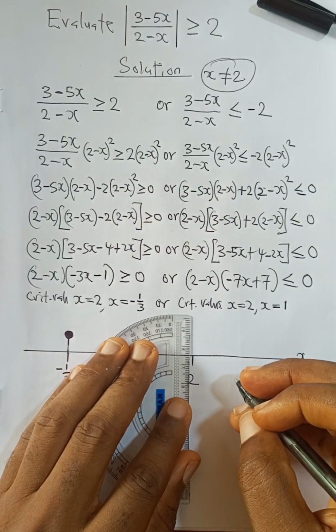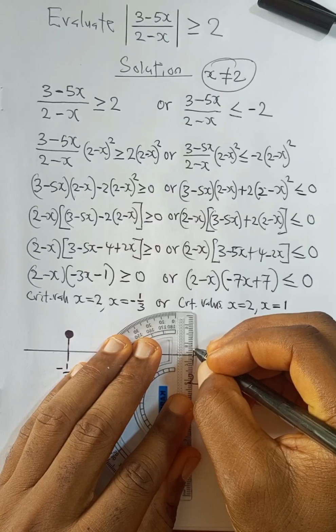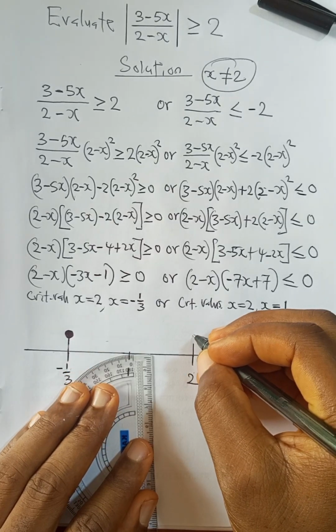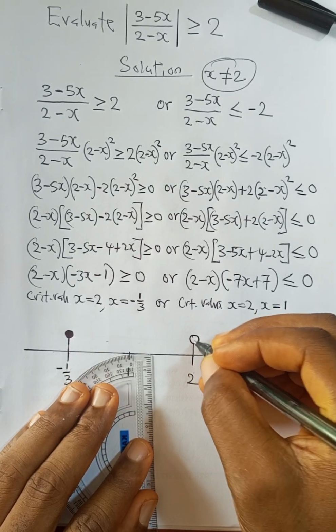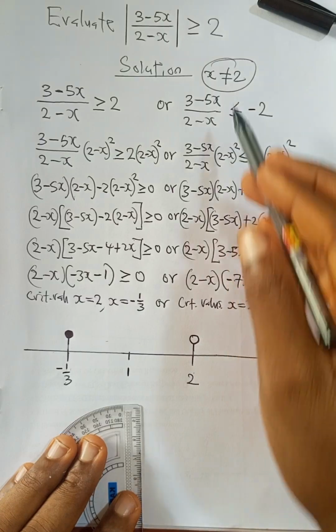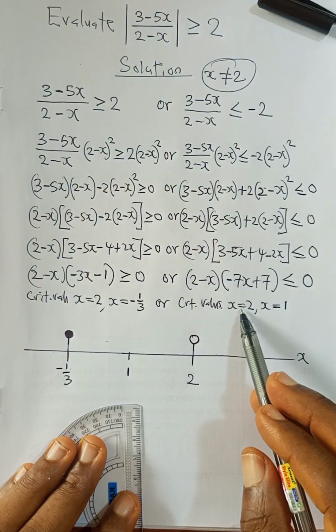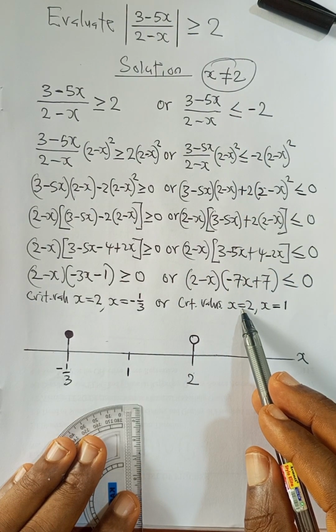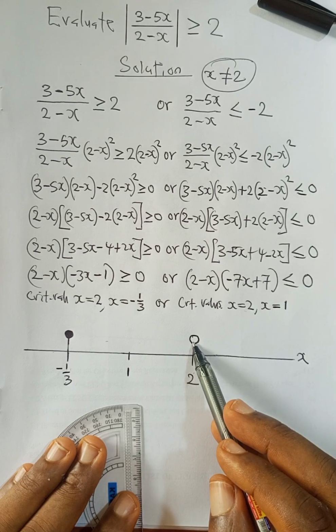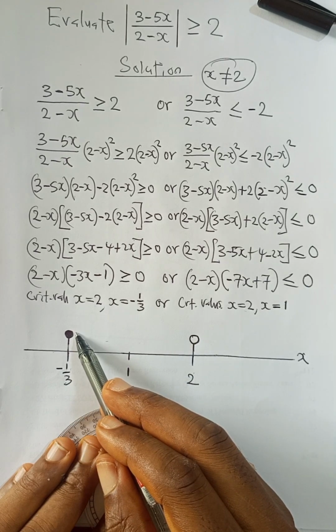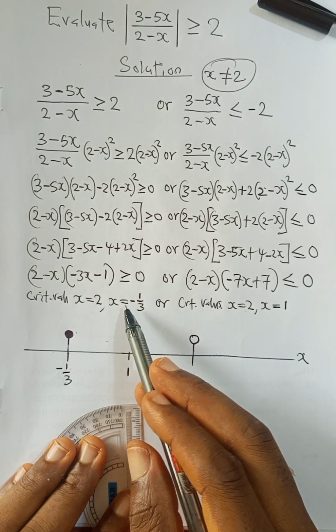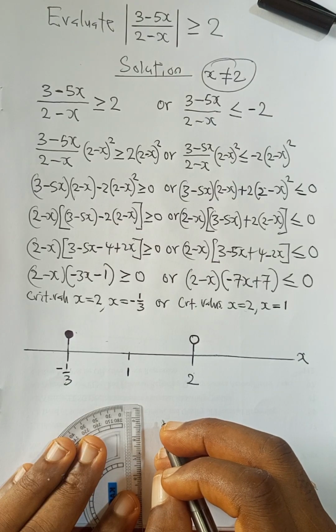But we know that S is not equal to 2. So when you move from here, don't shade the 1 of 2. Are you seeing what I'm doing? Don't shade here, because already we know that S cannot be 2. S is not equal to 2. So you don't shade the 1 of 2, but you shade 1 of 1 over 3, because S is equal to 1 over 3. It's a valid addition.